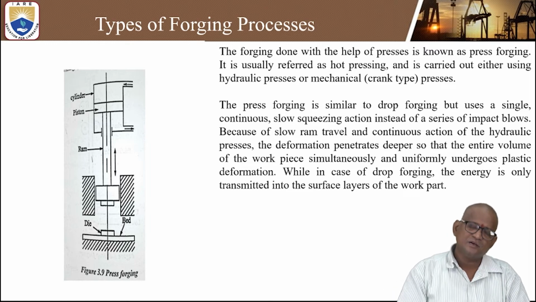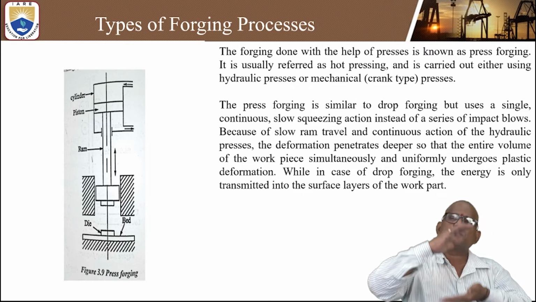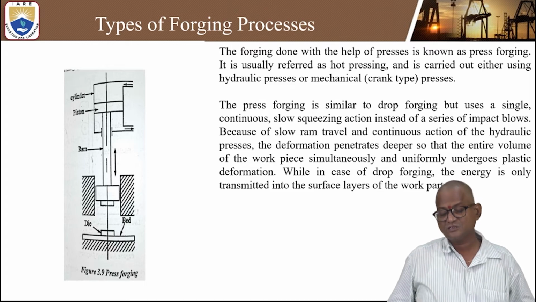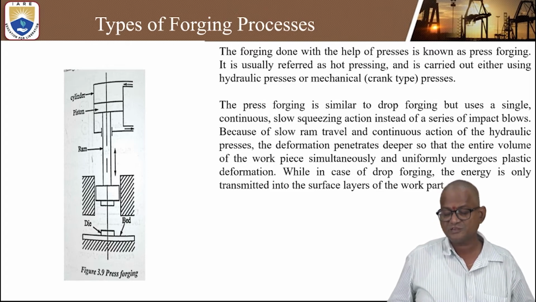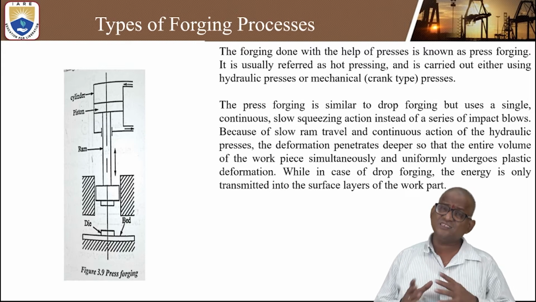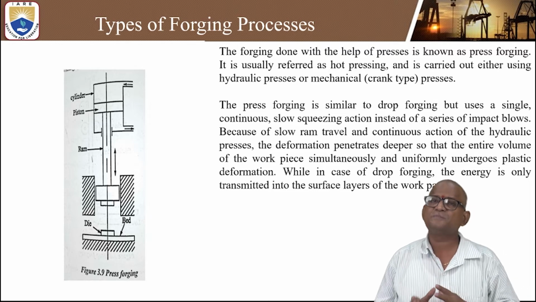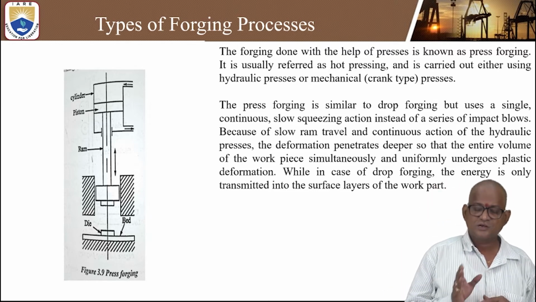By applying the pressure, the metal can expand to a certain shape, so that the required shape can be obtained effectively. Okay. This is the basic principle in press forging. The major purpose of press forging is similar to drop forging.